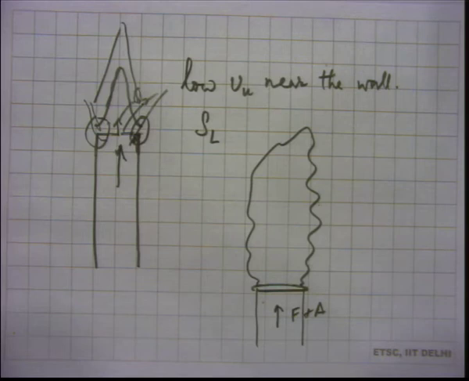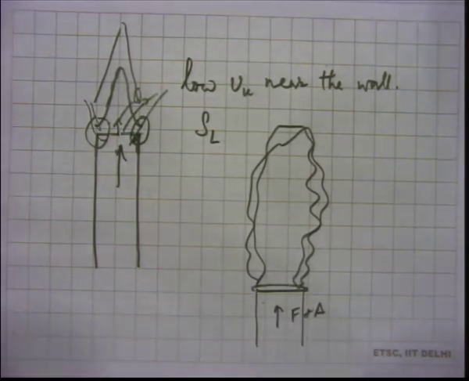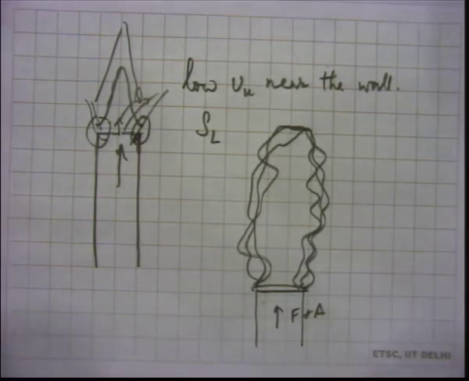Suppose we are able to do that, then you see a flame like this. The very next instant it will change. The instant after that it still changes in some way. I am just drawing some curvy line, that is all. I am not using any logic to draw it in a particular way.